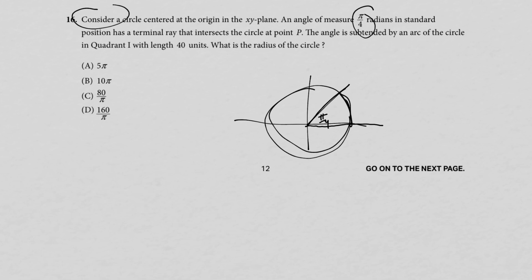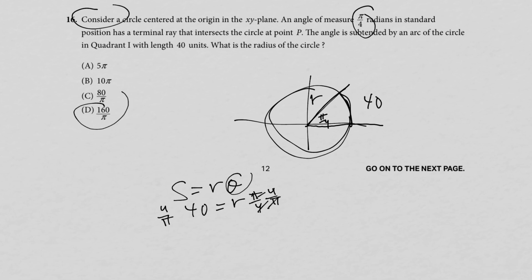So the arc is 40 units, and they want to know the radius of the circle. Well, there's a formula. Arc length equals r times theta, where the arc length is given. The radius is unknown, and as long as theta is in radians, which it is, multiply both sides by 4 over pi and get 160 over pi, choice D.